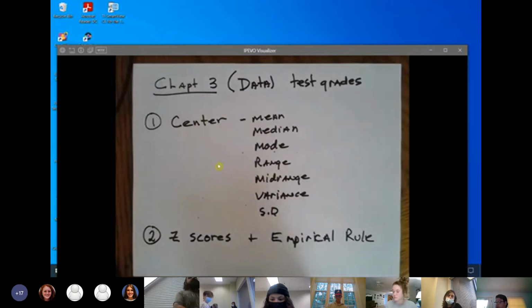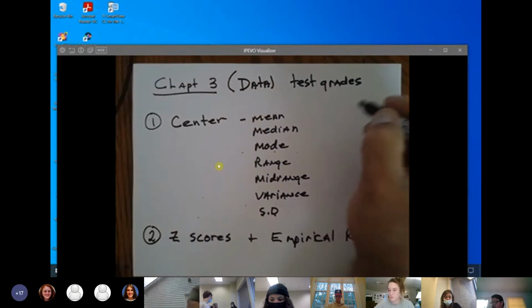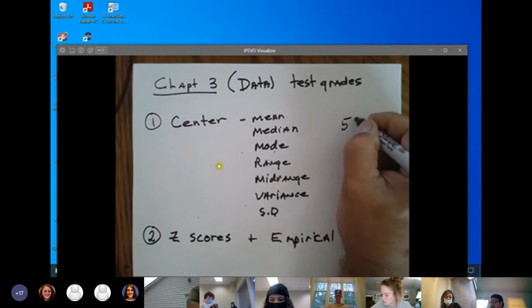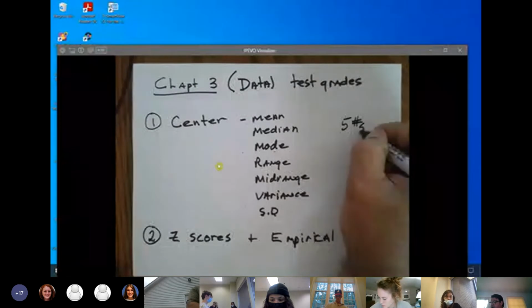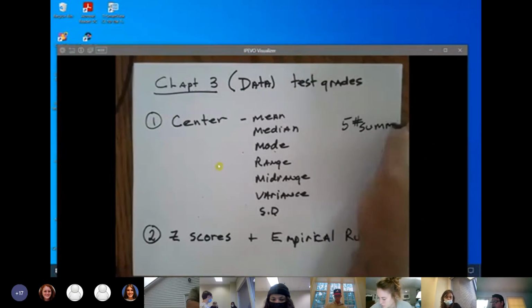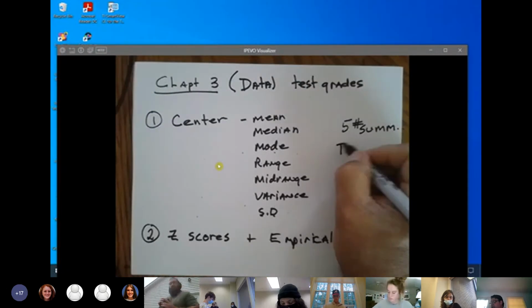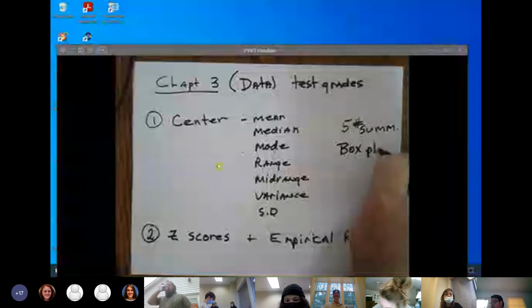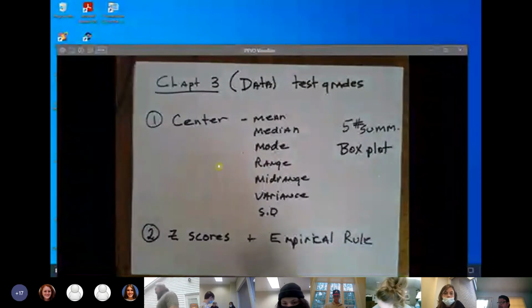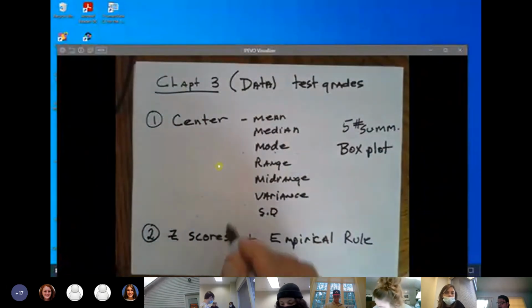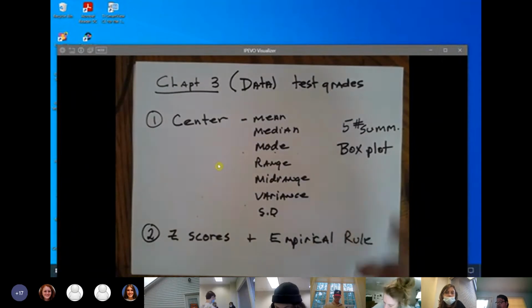So let's see what else. There's also 5-number summary, and a box plot. We're going to go over that too. It's somewhere in between this, or it's after the z-scores. I can't remember. That's why I'm writing it out to the side.